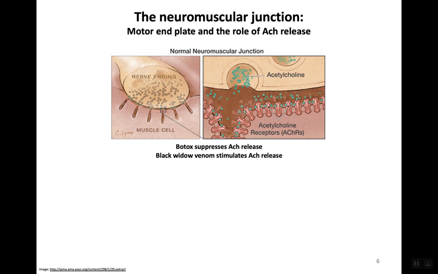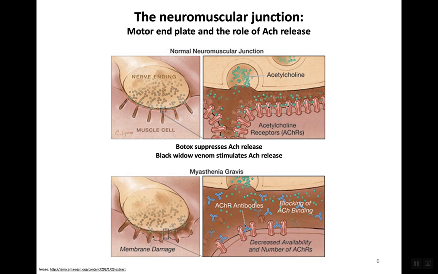Okay, so this is what happens as a result of various toxins. What about diseases or impairments in muscle function, more chronic conditions? Well, one of the conditions most often associated with an improper release of acetylcholine within the neuromuscular junction is called myasthenia gravis, or in free translation, grave muscle weakness.